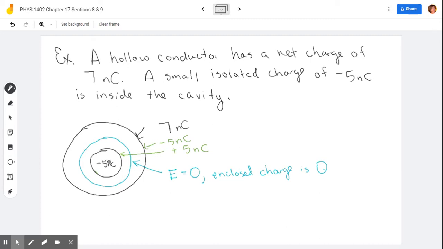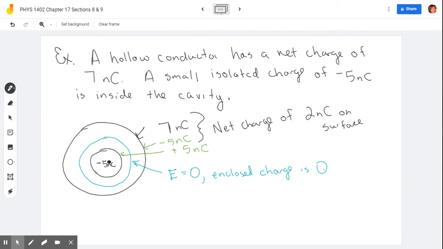Well, if you put a negative 5 in here, that negative 5 is going to attract a positive 5 nanocoulombs to the interior surface. It's going to try to create that 0 net charge. The result is, on the surface, you end up with a net charge of 2 nanocoulombs on the surface.